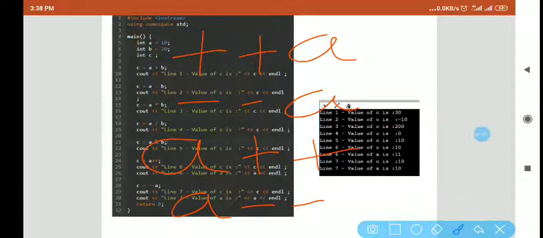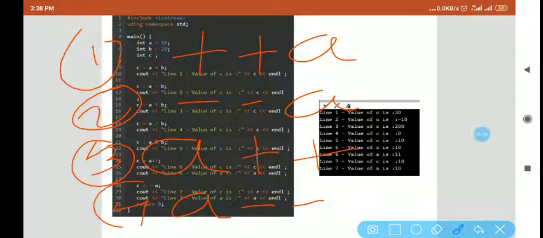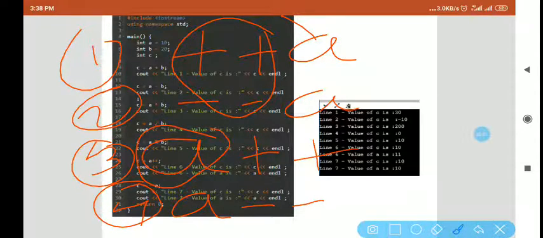These are the four categories present in any increment or decrement operation. In pre, first the operation takes place and then the value is copied to the destination, and in post, first the value is copied and then the operation takes place, addition or subtraction.